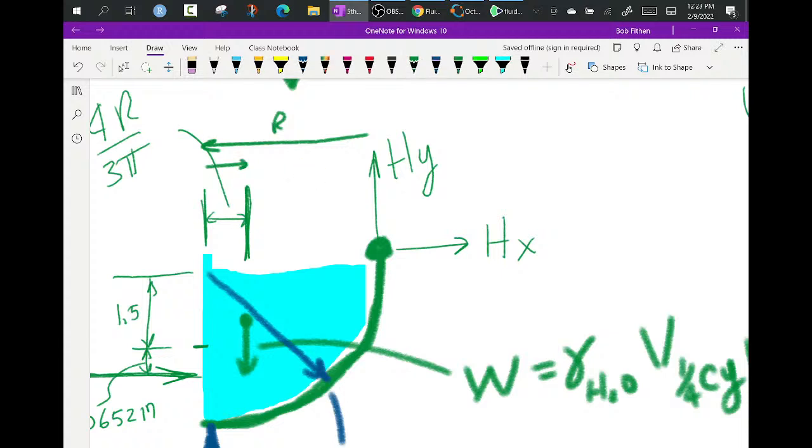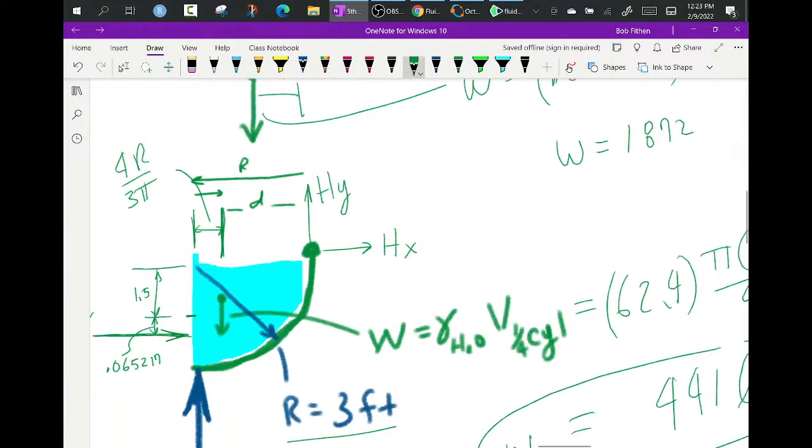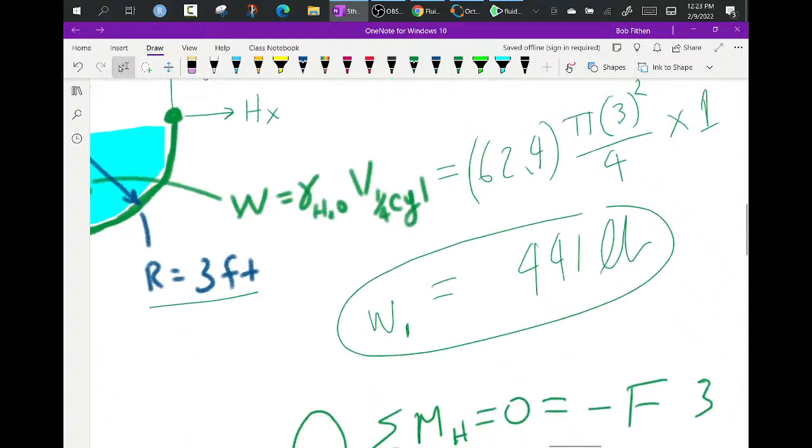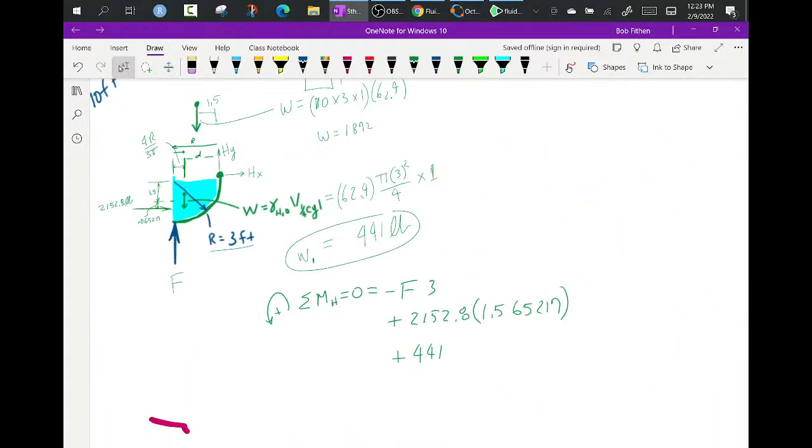So you take R minus 4R over 3 pi. Well, R is just 3. So you get that.